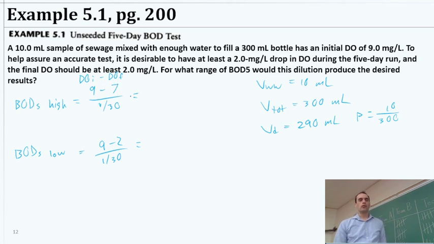Okay, so that means we are left with just 2 divided by 1 over 30. So essentially that's 2 times 30, which would be 60 milligrams per liter BOD. That might be the high mark. Is that the high mark? Yeah, that's the low mark, sorry. Got that backwards.